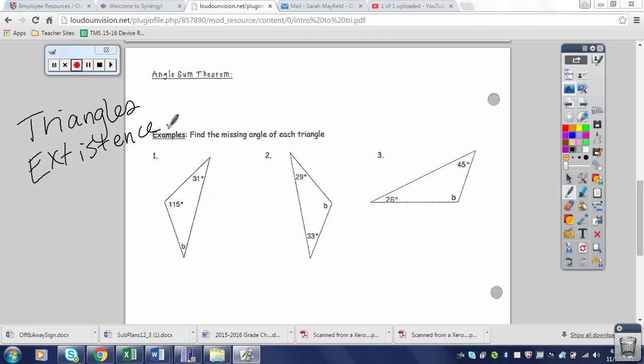Hopefully I spelled that right. This page is the first page of the triangle existence section in your notes. Okay? So everybody take about 35 seconds to get this figured out and to flip to the back of your homework.